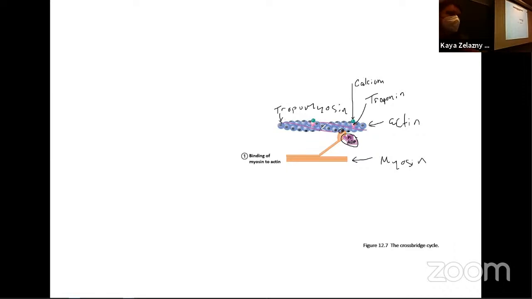So all of these things have to happen first to set us up to do the cross-bridge cycle to get ready to contract. For example, if we had the tropomyosin covering these binding sites because the troponin didn't have a calcium on it, we wouldn't be able to do the cross-bridge cycle. It's all dependent on these binding sites being available.